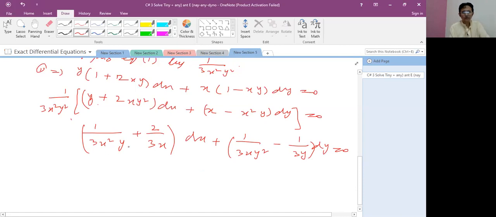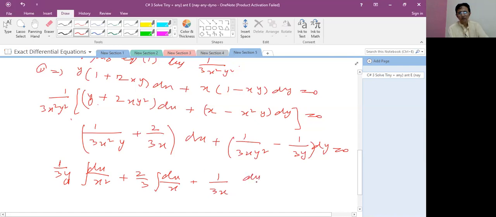So student, then we integrate with respect to x. So 1 upon 3y dx upon x square plus 2 upon 3 dx upon x, because it is constant outside the integral, 1 upon 3x dy upon y square.